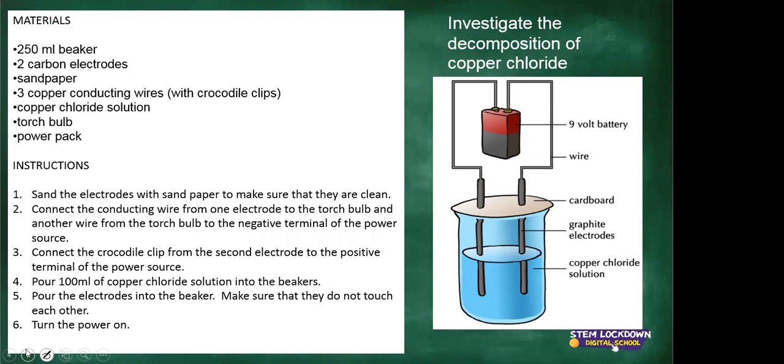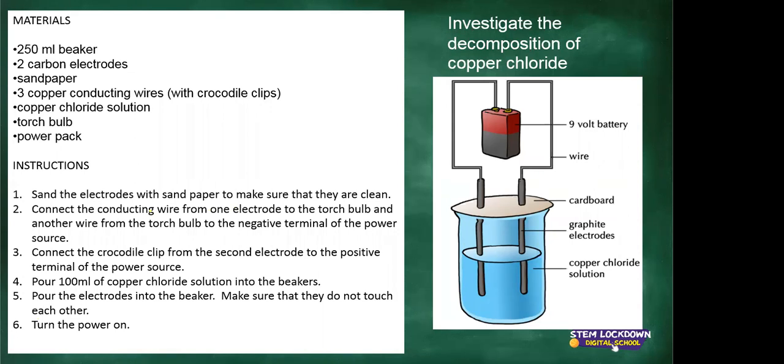Then we connect the crocodile clip from the second electrode to the positive terminal of the power source. Then we pour 100 milliliters of copper chloride solution into the beaker, and put the electrodes into the beaker, making sure they do not touch one another. And then we turn the power on.